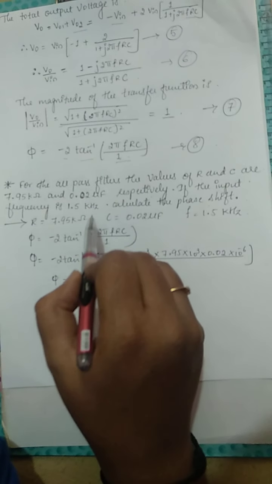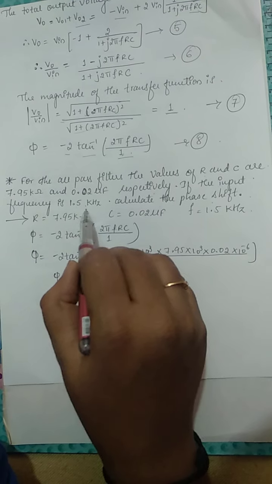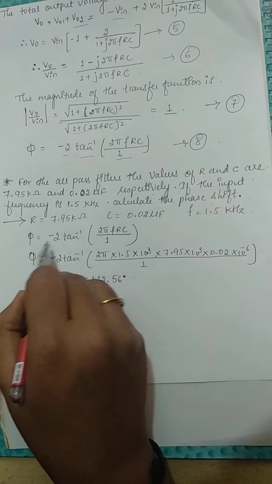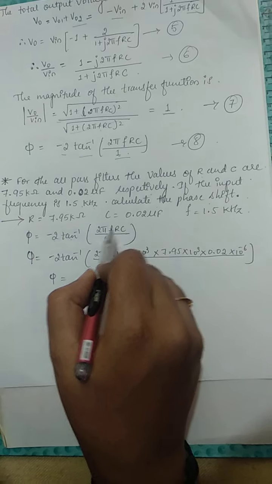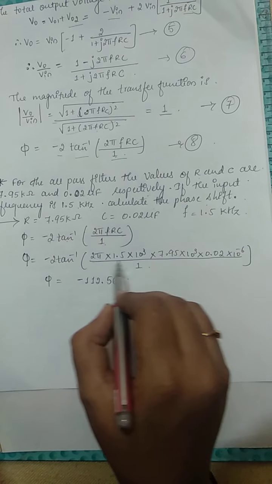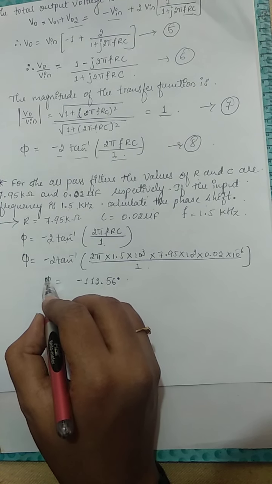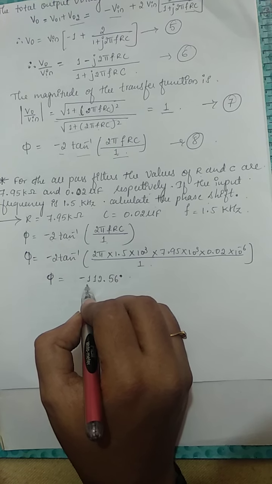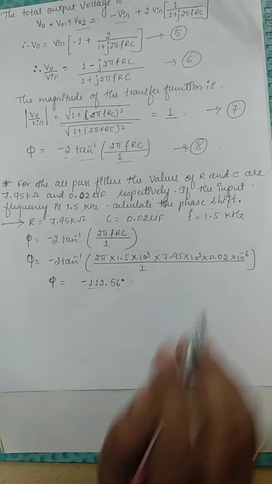They have given all the values, that is R, C and frequency F. So phi is equal to minus 2 tan inverse of 2 pi FRC divided by 1. Put the values of R, C and F and calculate phi. You will get it as minus 112.56 degrees.